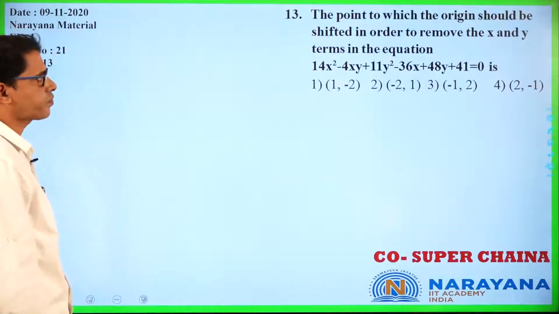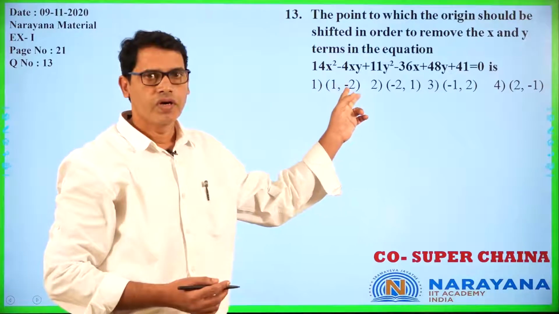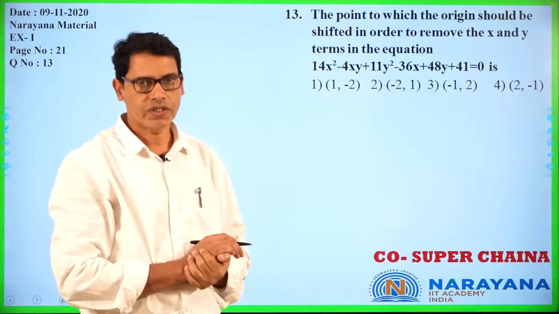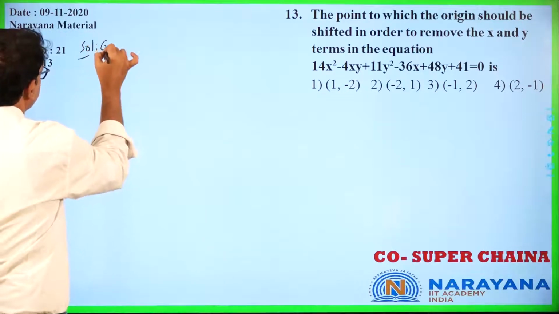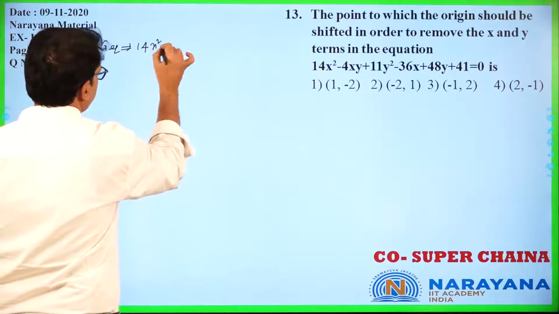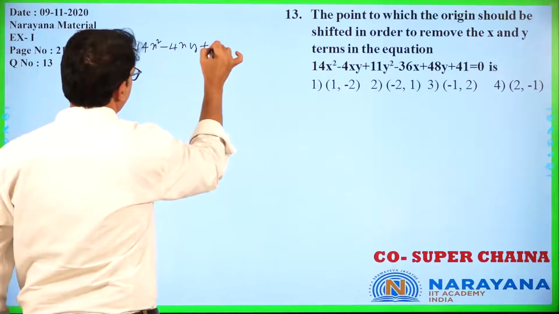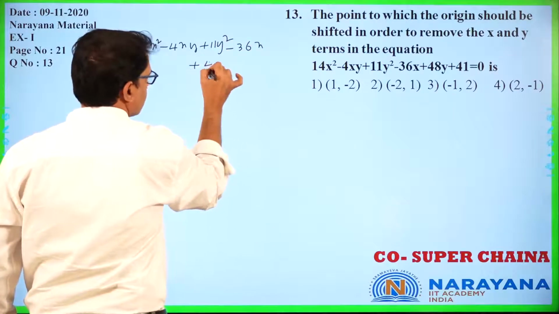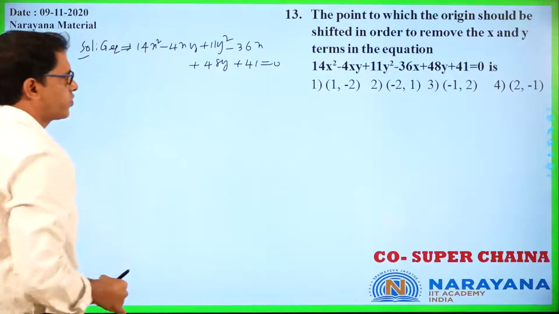See, next question. Again same. Now to remove the x term and y term, we have to find the translated point. Okay. So the given equation implies 14x square minus 4xy plus 11y square minus 36x plus 48y plus 41 equals 0.